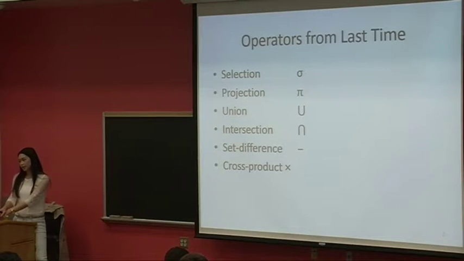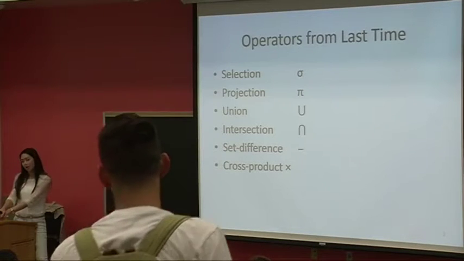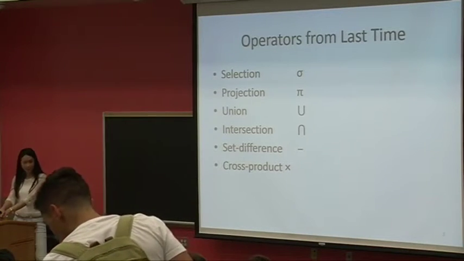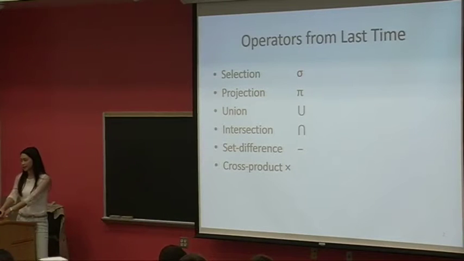How about union? If we take the relation R with relation S, we're taking union of that, then the result will have what? Like the tuples that are in either R or S, right? Either, yeah. How about intersection?